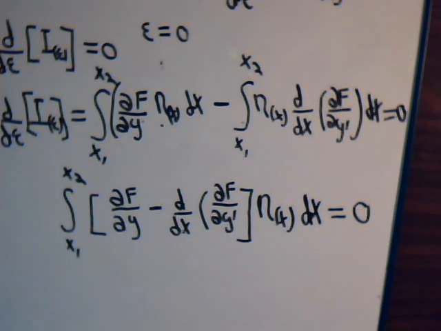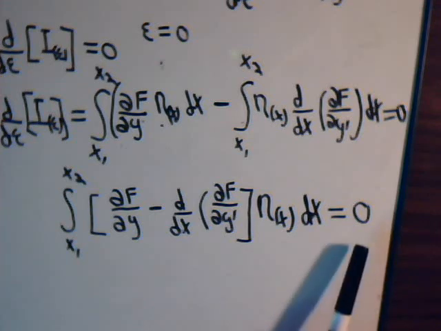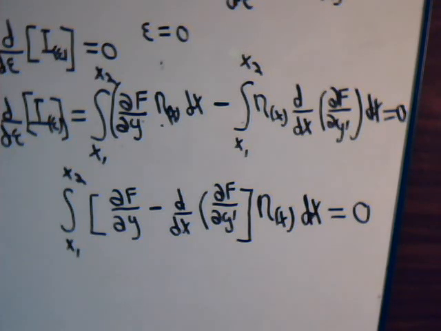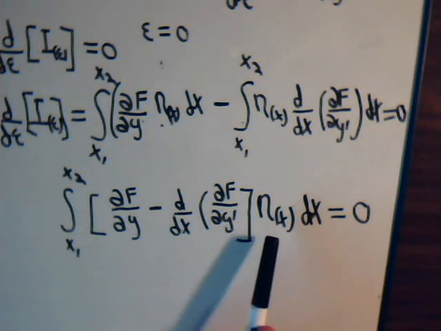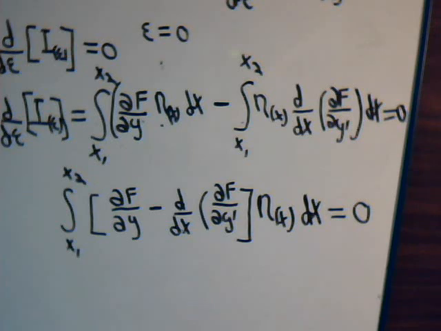Okay, and again, hopefully as you remember from video number 1, this is completely arbitrary. So that means that here we have this integral. No matter what function we put in here as a function of x, it always has to be 0. Not just for certain functions of x, any arbitrary function we can think of, put it into here, it always has to be guaranteed to be 0.